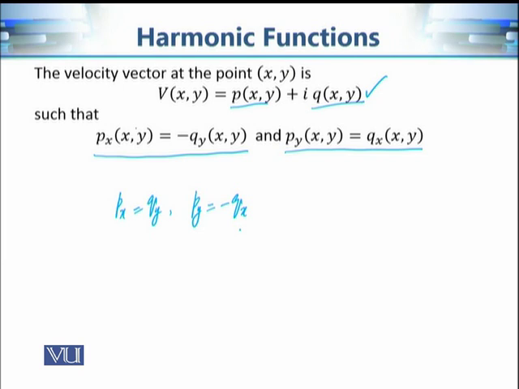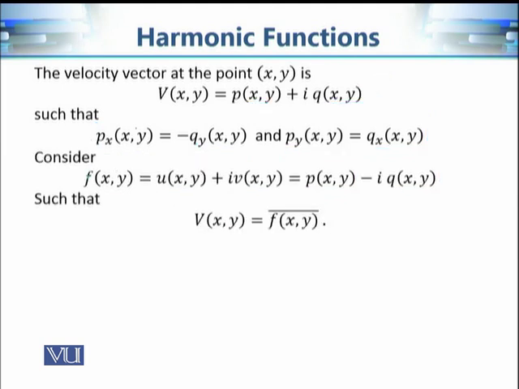So how do we construct an analytic function from these two conditions? The next function is the answer. If we take the real and imaginary parts to be p of xy and minus q of xy, so instead of plus iota q of xy we take minus iota q of xy, then these two conditions are the Cauchy-Riemann equations for this function f of xy.